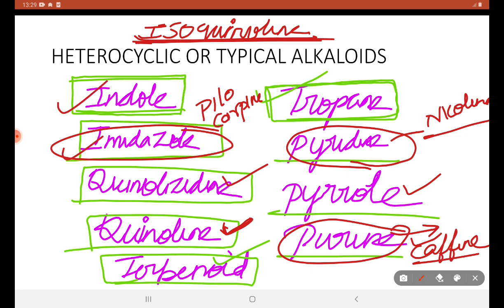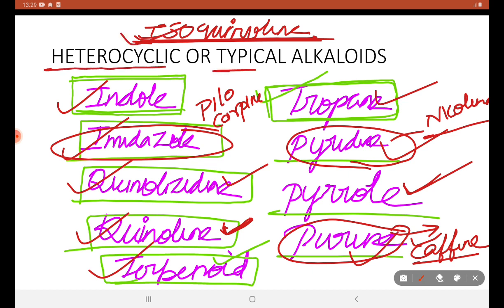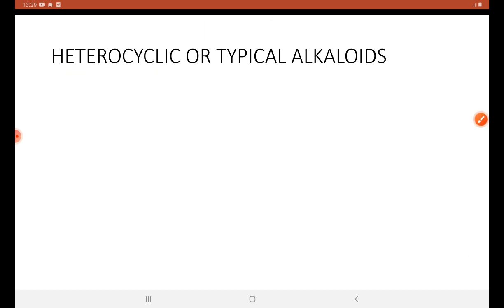Indole, imidazole, quinazolin, quinoline, terpenoid, atropine, pyridine, pyrrole, purine and isoquinoline are some of the examples of heterocyclic and typical alkaloids.